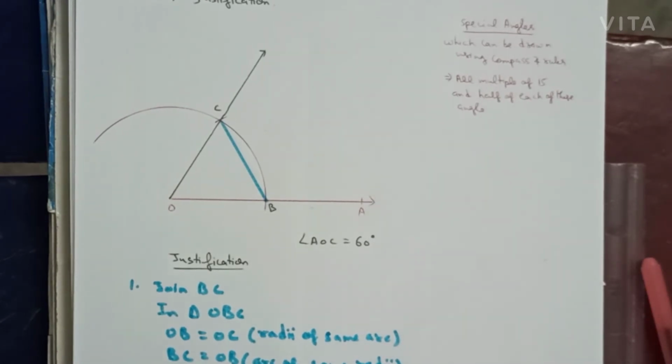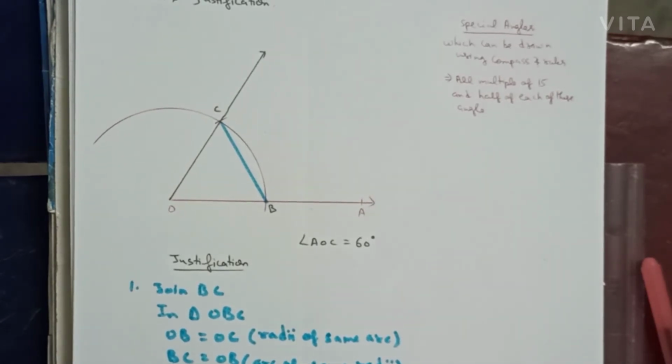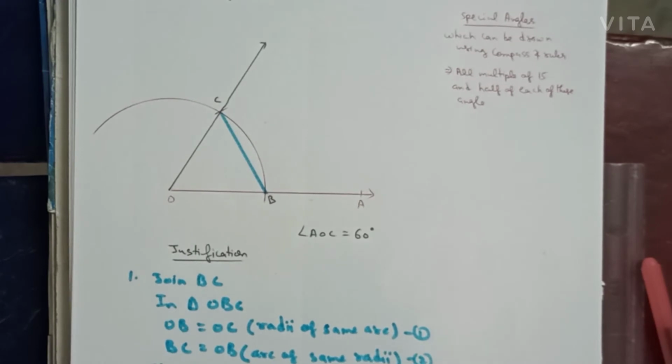So with this we can say that in triangle OBC, OB is equal to OC is equal to BC. From equations 1 and 2 we can say that all three sides of this triangle are equal. Therefore triangle OBC is an equilateral triangle.